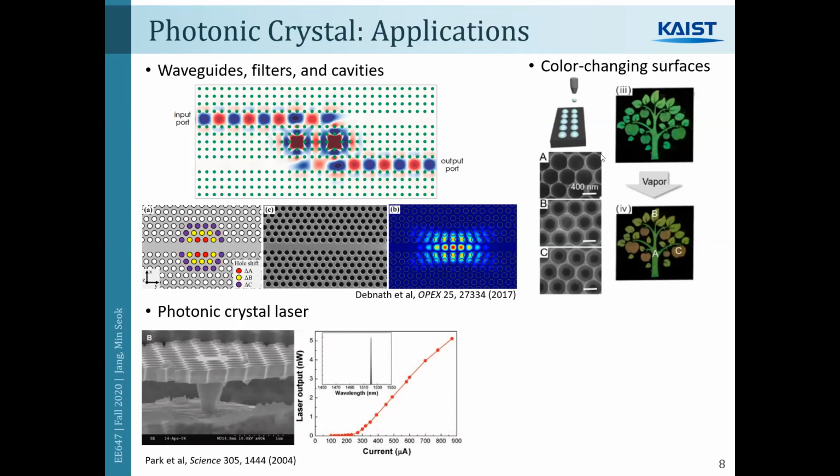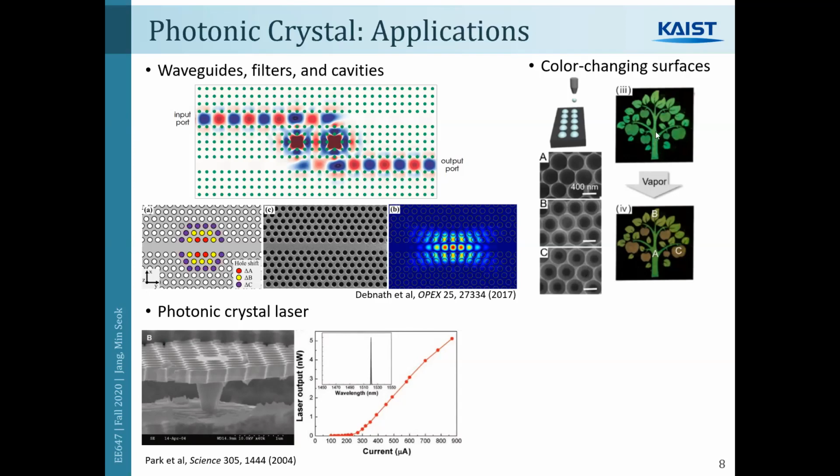And another application is that, of course, the properties of photonic crystals depend a lot on the properties of the holes and the surrounding medium. If you drop a droplet of water and fill up the whole area, then you can basically change the color or optical properties of photonic crystals.